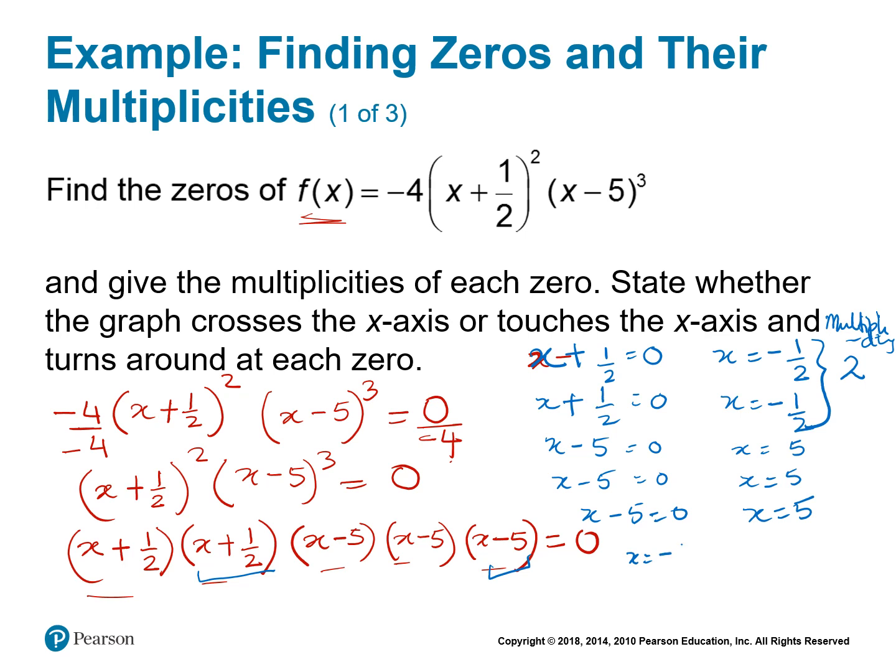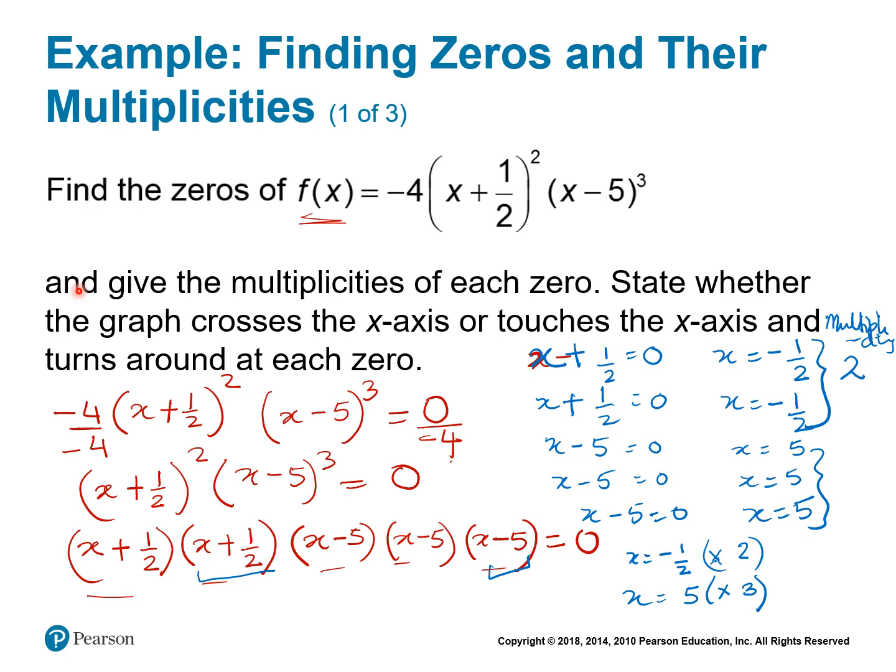And x equals 5, these three, is of multiplicity 3. So we have determined the multiplicities of each zero. It says give the multiplicities of each zero. So the multiplicity of minus 1/2 is 2, and the multiplicity of 5 is 3. It appears 3 times, it repeats 3 times.